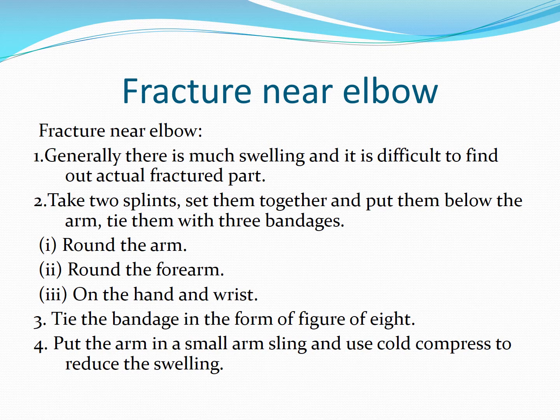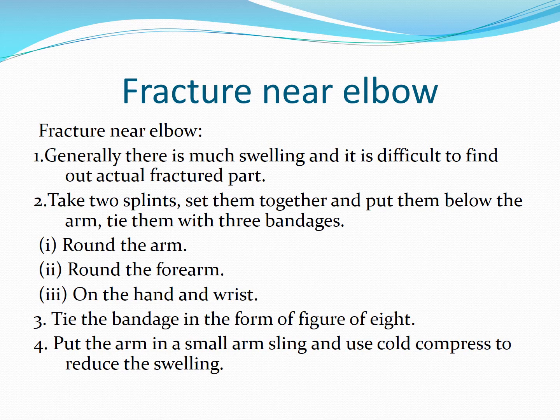Fracture near the elbow. Generally, there is much swelling and it is difficult to find out the actual fractured part. Take two splints, set them together and put them below the arm.